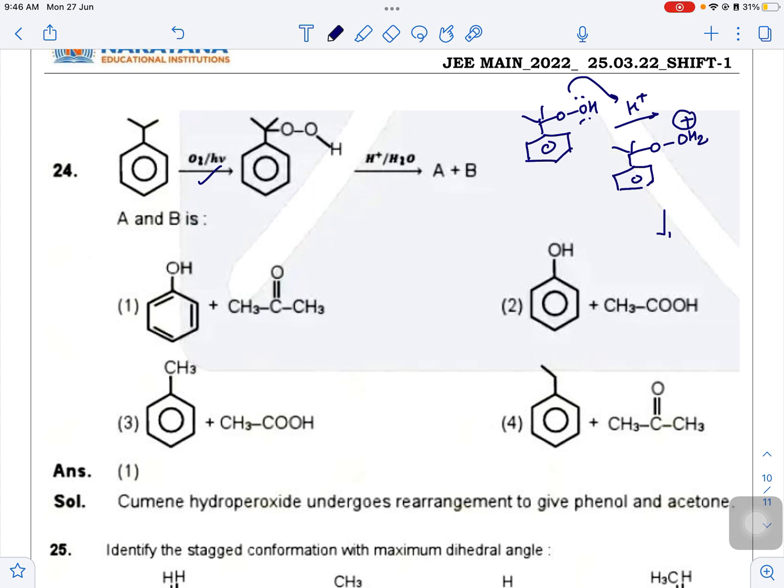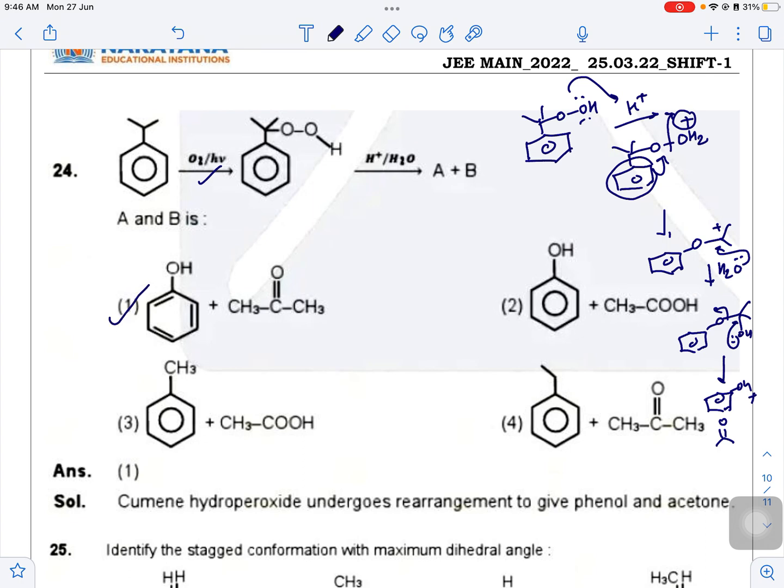The water becomes a good leaving group now, thus H2O is removed and the phenyl group migrates to the oxygen. So the phenyl group migrates to oxygen, forming the carbocation, which is resonance stabilized, on which water attacks to give the hemiketal. This on further hydrolysis produces phenol plus acetone. Very important reaction they have asked.